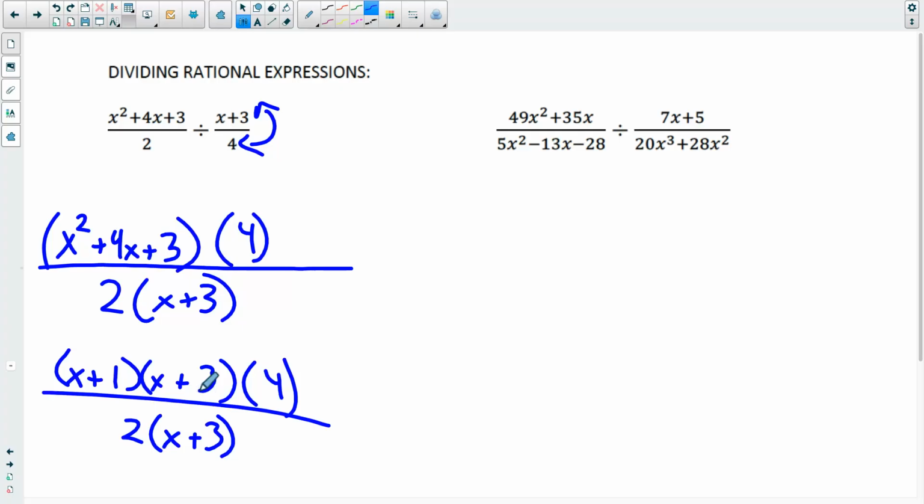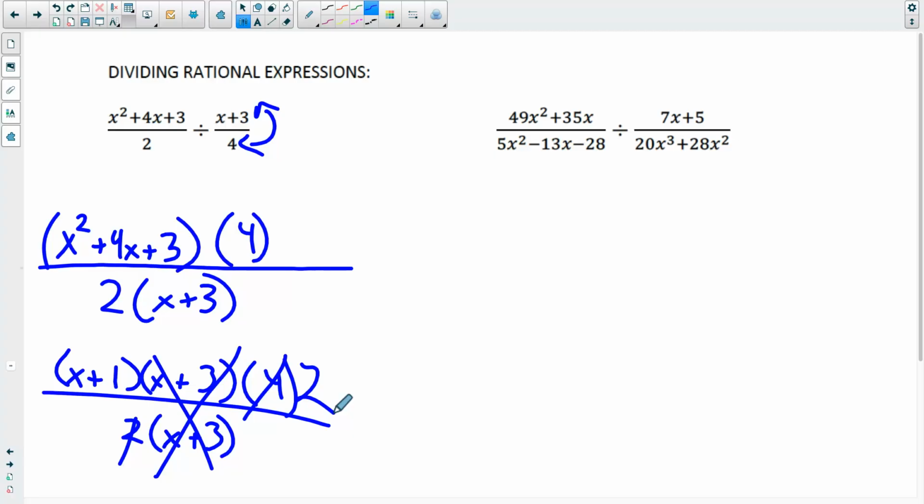What cancels out? The x plus 3 is gone. So I would just take 4 divided by 2, and I would get 2. So then I actually cancel out the 4, and then I write 2. So then we got to take what's left. I got x plus 1, and I got a 2.